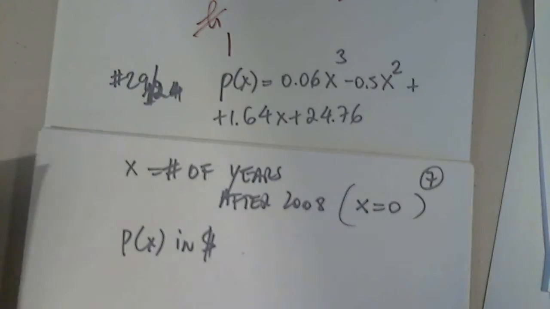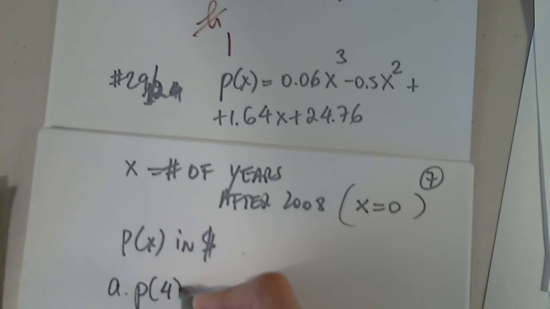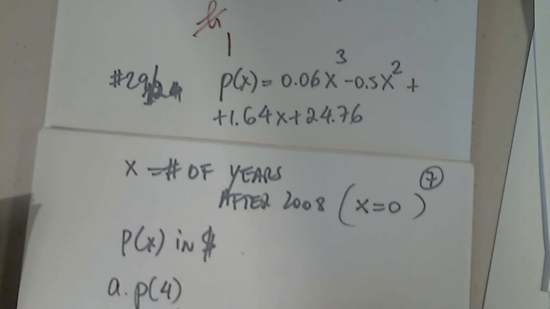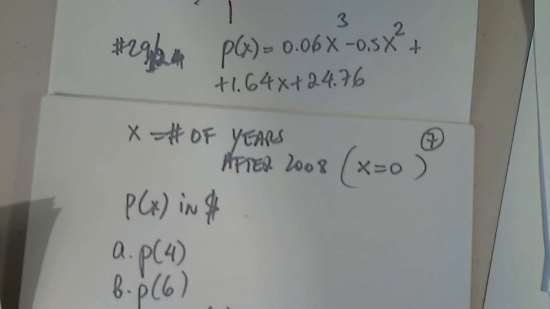Find P of 4, part A; P of 4, part B; P of 6, part C; P of 6 minus P of 4, and then D, find the average rate between 2012 and 2014.